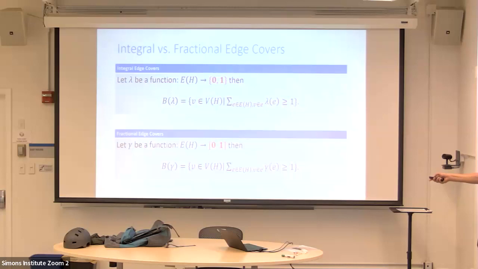And again, what are the vertices covered by such a fractional edge cover? Well, it's those vertices such that the total weight of all of the edges that contain this vertex sums up to at least 1. So it's the same idea. We just drop the integrality condition.